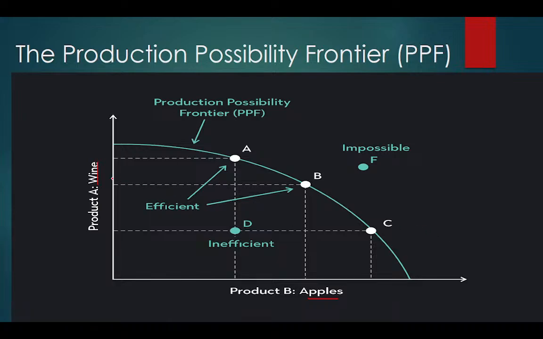We see that at point A, we are saying the production is efficient.